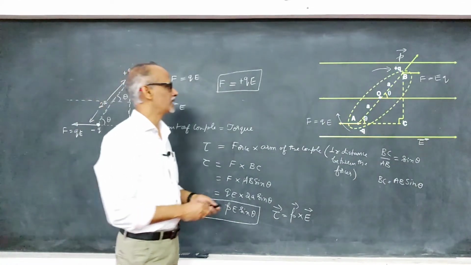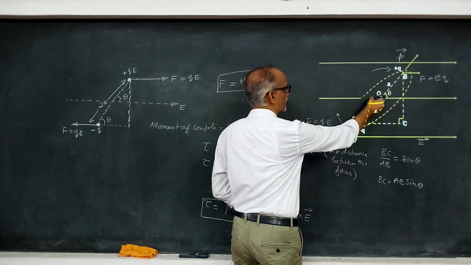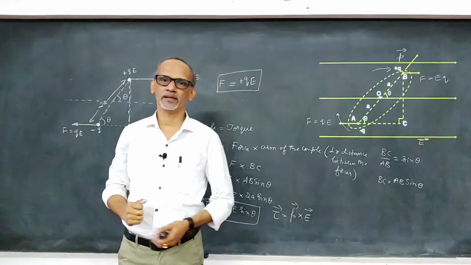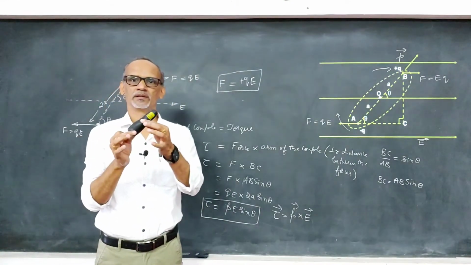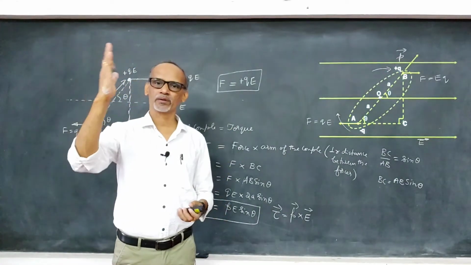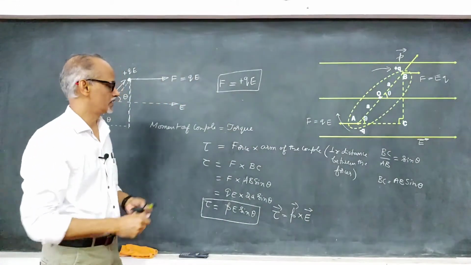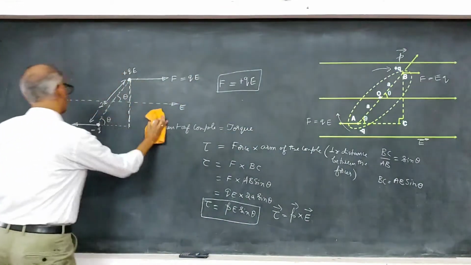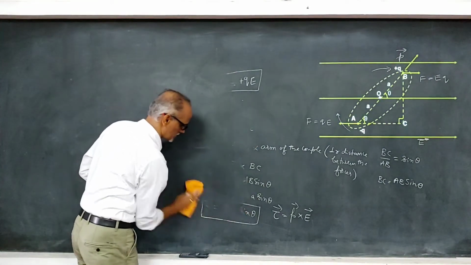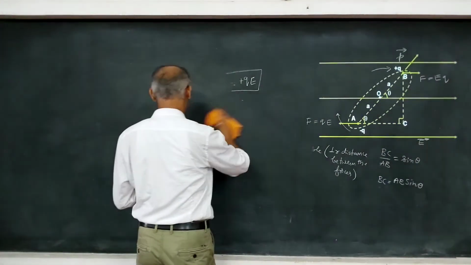The result is that this entire dipole gets rotated and gets aligned in the direction of the electric field because of the torque. So, this is the expression for the torque experienced by an electric dipole in an electric field.